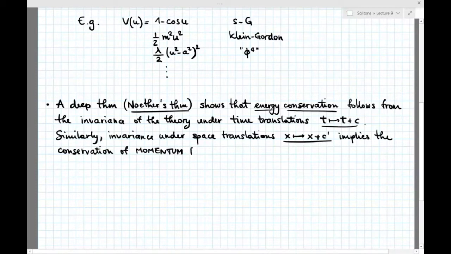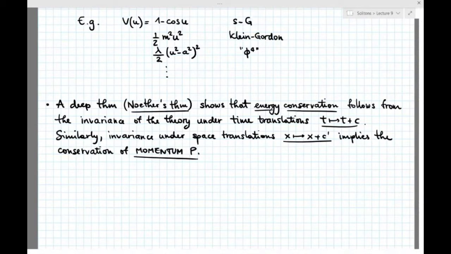That's normally called P. We'll return to what momentum is. So you might have encountered this theorem, Noether's theorem, in previous courses. It's a really important result, but we won't assume it because it's of limited use for our purposes.